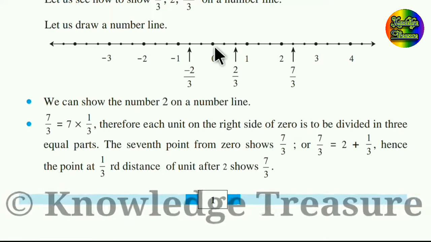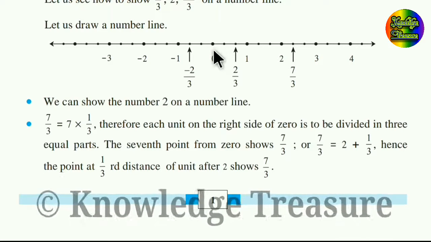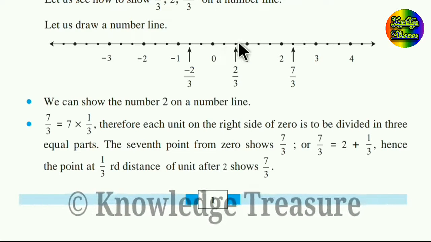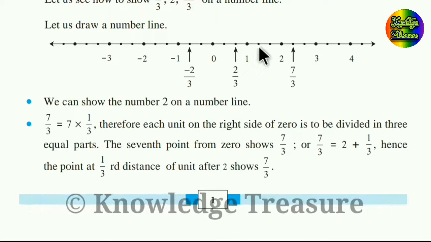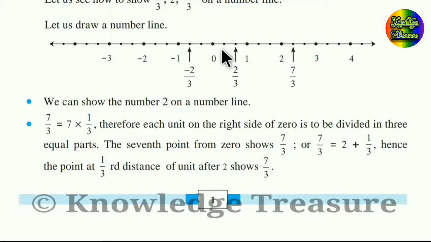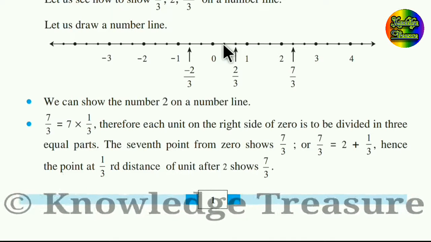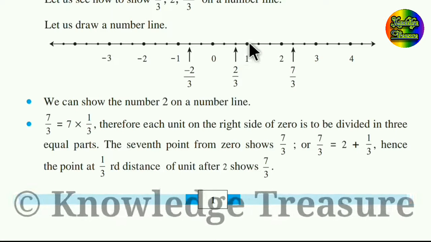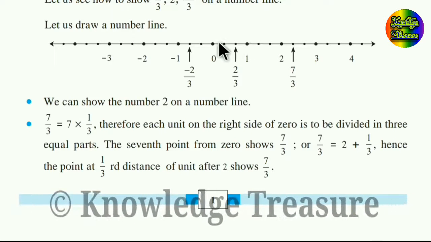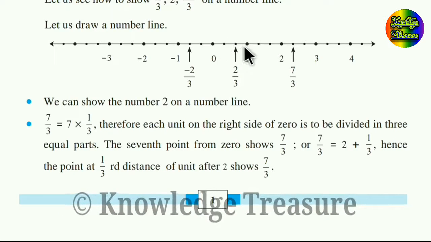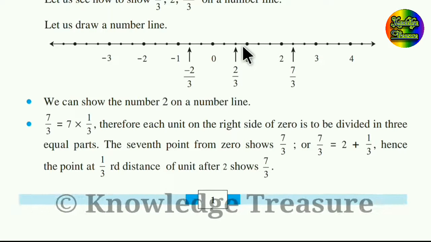Let us now divide this unit from 0 to 1 into 3 parts. 1, 2, 3. So the first part is this one, second part is this one, third part is this one.